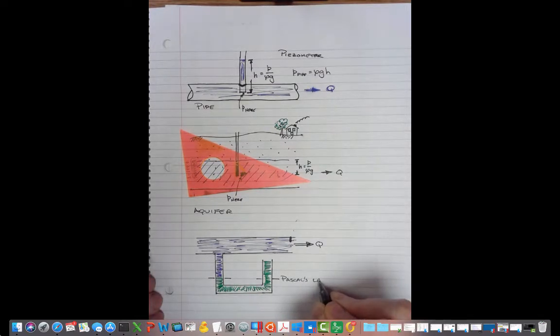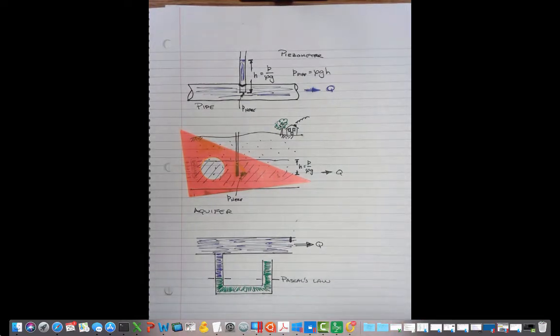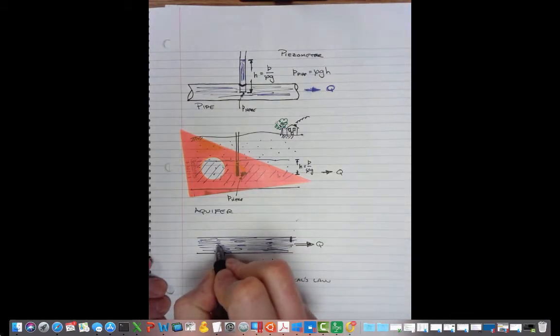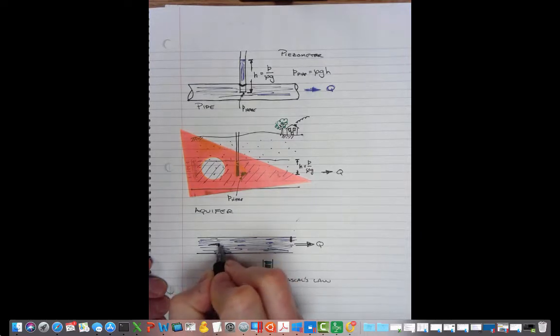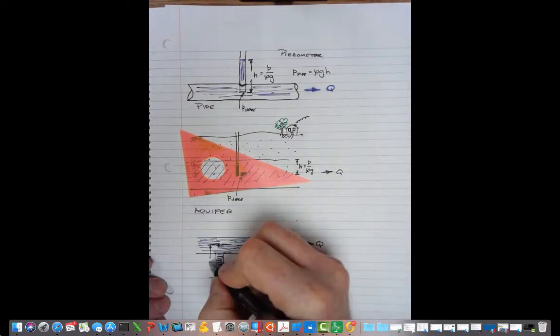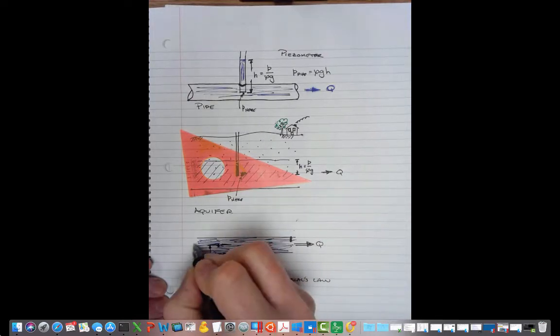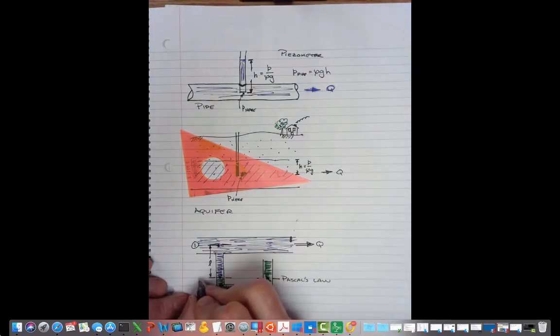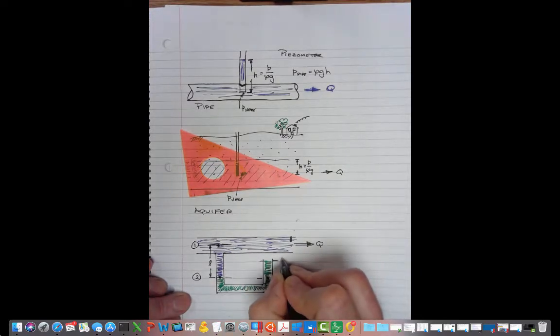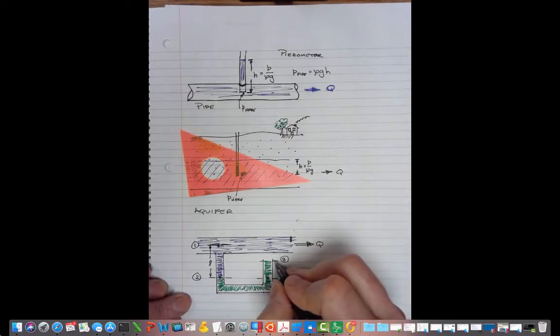Pascal's law tells us that whatever the pressure is, it's identical here and here. Assume we're measuring from the center line of the pipe. We have this distance L. So there's position 1, there's position 2, and then the free surface of the green fluid is up here at position 3.